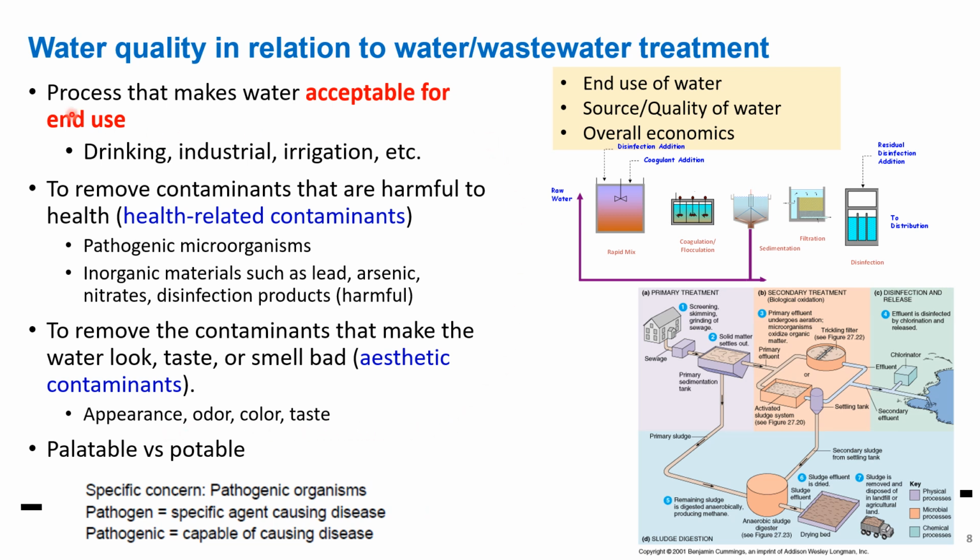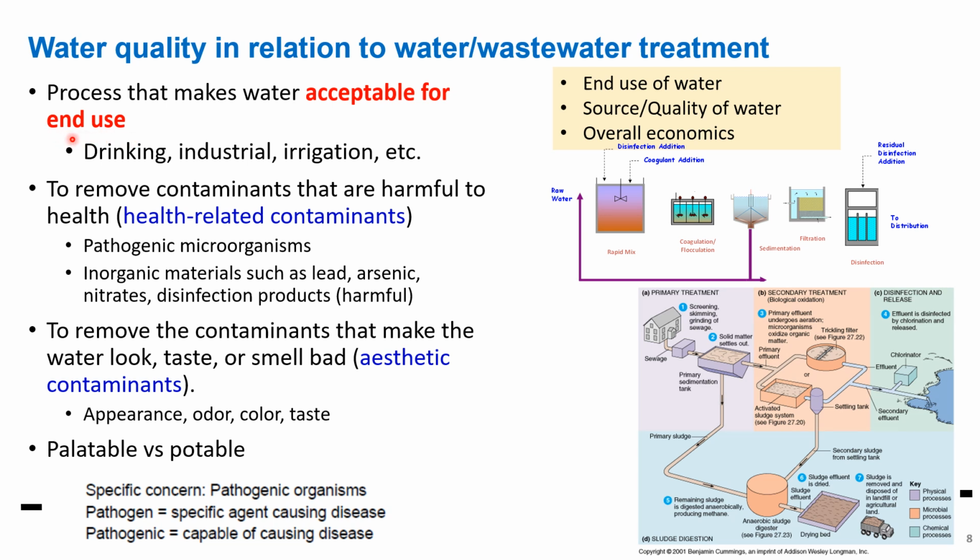So this is basically why we are doing water and wastewater treatment processes, and they are very much related to our water quality characteristics, right? That's why we need to understand what these water quality characteristics are, in order to decide what processes we are going to design for each water quality and for each expected end use.